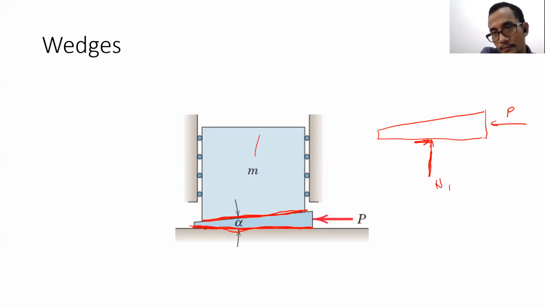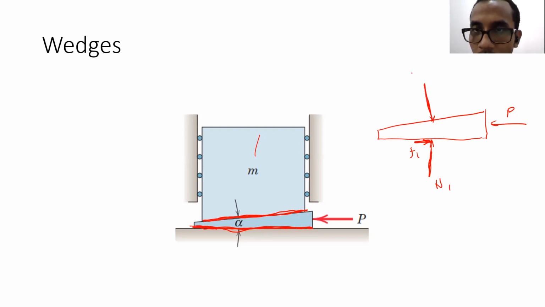Then the normal force 2. Friction between the wedge and the block. Where's the direction for that one? Going down, but not actually straight down, because it's supposed to be perpendicular to the surface of the block. It's angular, with alpha as its angle.